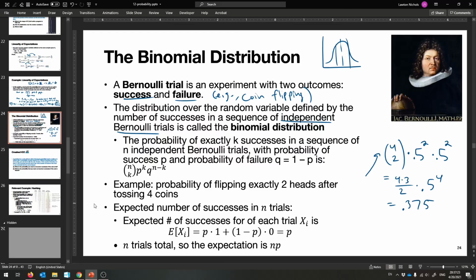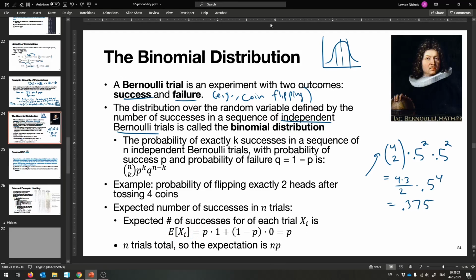That's all. Okay, and this is kind of hard work, but the expected number of successes is super easy now that we know all about random variables. The expected number of successes, so expected number of heads, for example, in n trials is very easy to calculate. The expected number of successes for each individual trial is what?